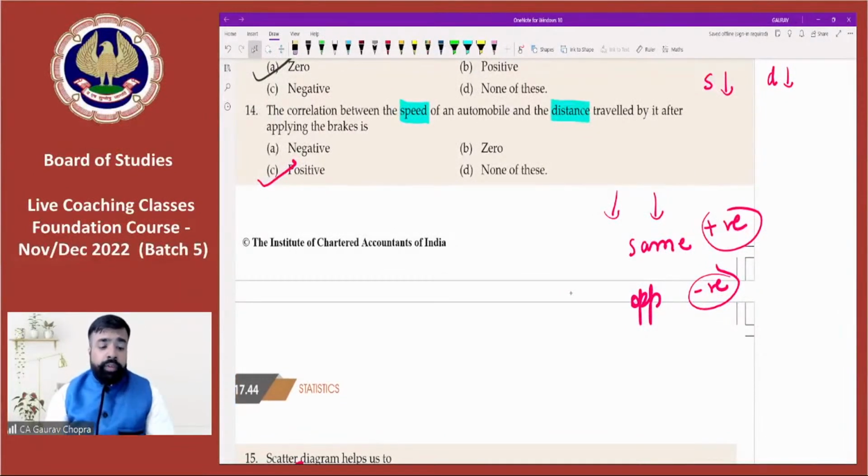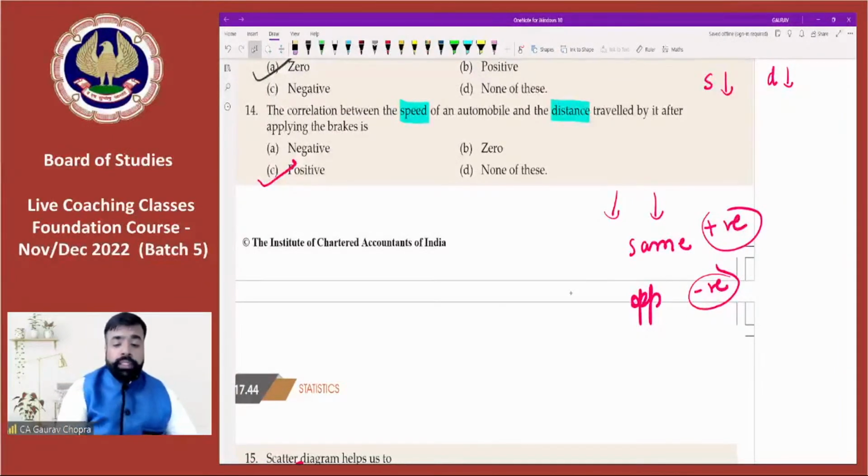Now, the correlation between the speed of an automobile and the distance traveled by it after applying the brakes. Whenever we are talking about the speed of the automobile, and the second one, the distance traveled after applying brakes, in both the variables we have to check whether they move in the same direction or different directions.